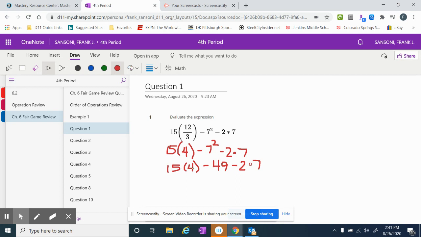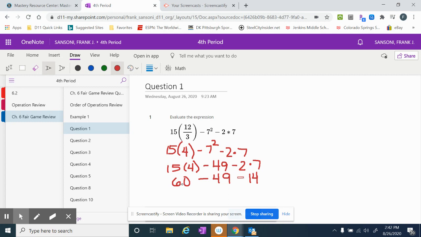So now I'm looking at two sets of multiplication. I have 15 times 4 on the left, and I've got 2 times 7 on the right. So 15 times 4 is going to be 60, minus 49, minus whatever 2 times 7 is, and 2 times 7 is 14.